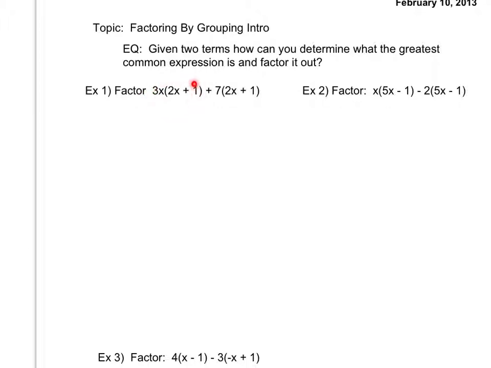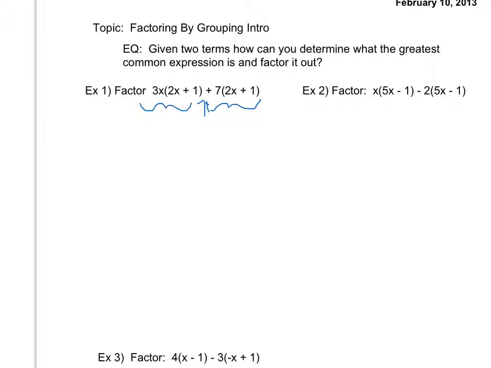This is considered a monomial, where I'm multiplying this by this. This is considered one term, where I'm multiplying this by all of this. So in reality, I only have 2 terms being separated by that plus sign. My first term being 3x times 2x plus 1. My second term being 7 times 2x plus 1.